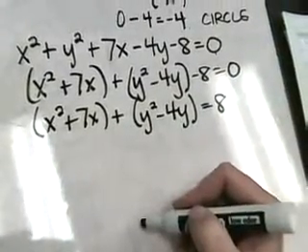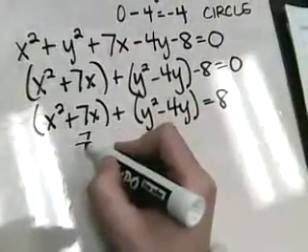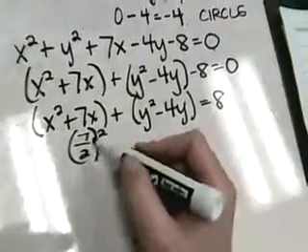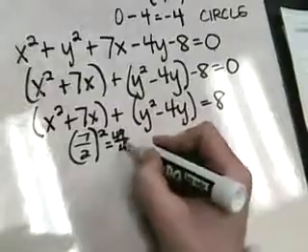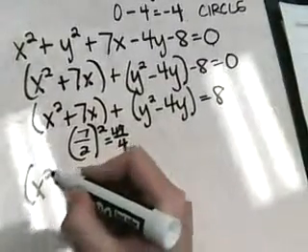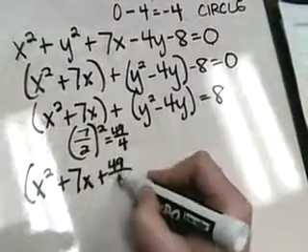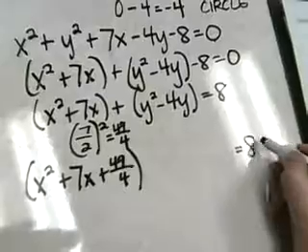Now I'm ready to take half of the x term and half of the y term and square it. So I've got 7 over 2 squared. I can't reduce that, and if I square the top and the bottom, that would be 49/4. Add that to both sides. Now remember, I didn't take anything out here, so it's easy to add it to this side.